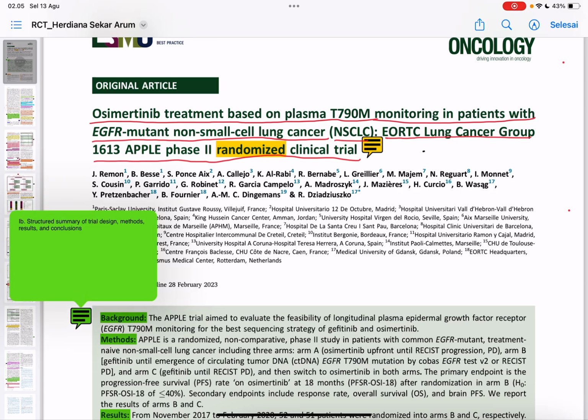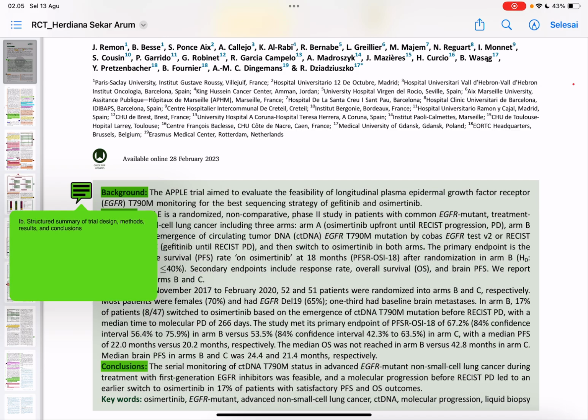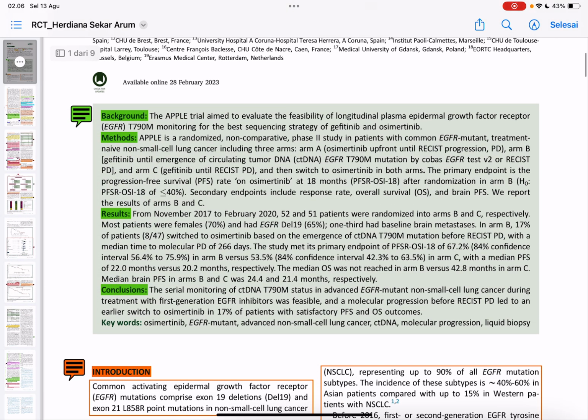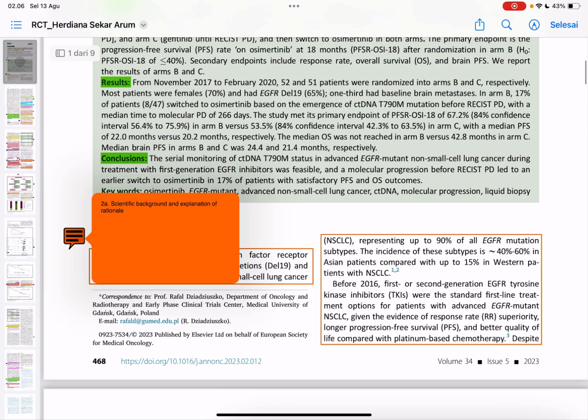This is the background. In the background, there are methods, results, and conclusion. It is called background because it has a structured summary of trial design, methods, results, and conclusion. And next, this is the introduction.